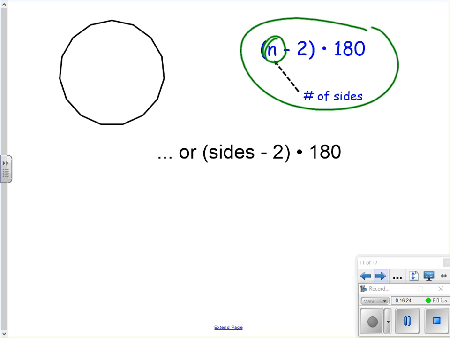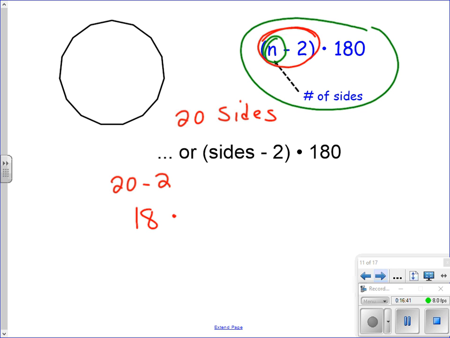So for example, if you had a 20-sided shape, you would subtract 2, so number of sides, subtract 2, so 20 minus 2, which is 18, and times that by 180, because that means that there's 18 triangles, and each of those are 180 degrees. That's a total of 3,240 degrees if you added up every one of these angles inside the shape.